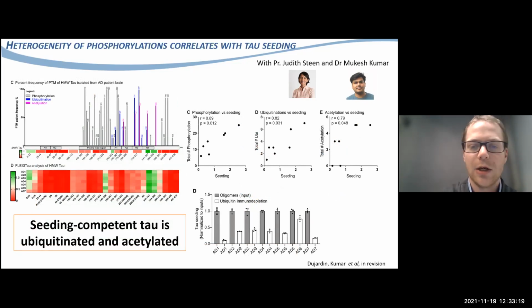These species are also, in addition to being phosphorylated, ubiquitinated and acetylated, and all of it quite tightly correlates with seeding. And when you do ubiquitin immunodepletion, you can see that you're reducing drastically the amount of seeding.